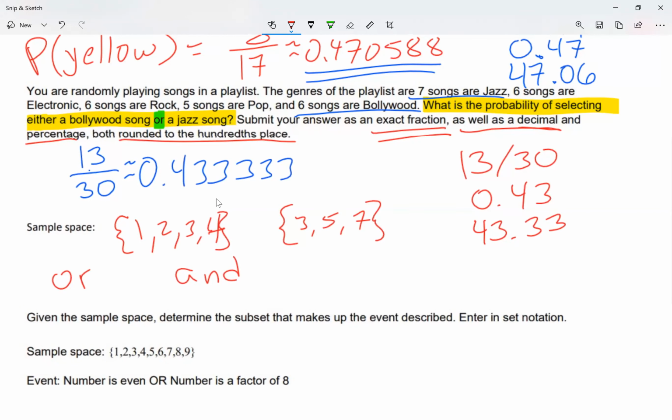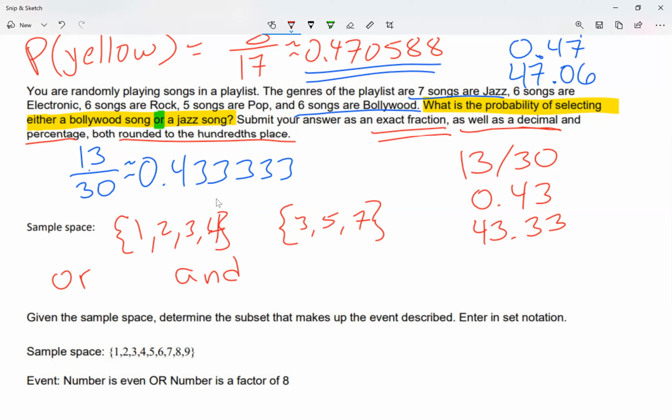So the numbers 1, 2, 3, 4, 5, 7 are possible outcomes. Notice I said as long as it is in one of the lists. Now, if I use the word and, it has to be in both. So in this case, the only possible outcome is 3. If I use the word and.